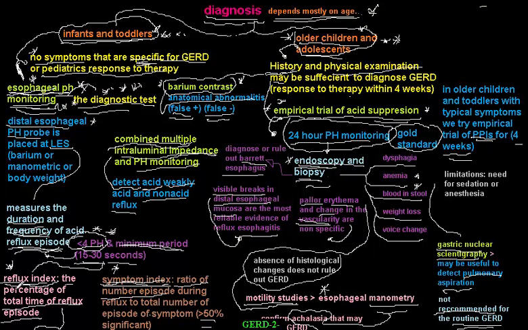What is the reflux index? Reflux index is the percentage of the total time we have reflux episodes. What do I mean by this? For example, in 24 hours, if we have 100 episodes, and each episode is, for example, 2 minutes in duration, then what is the total time of episodes?